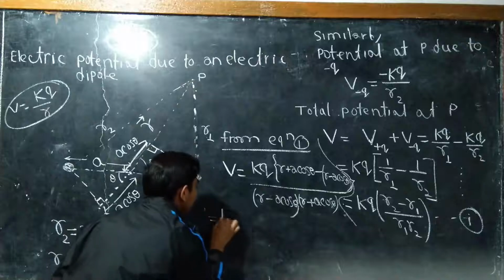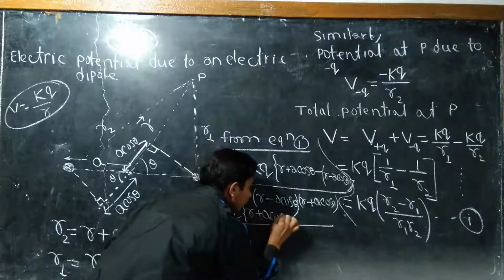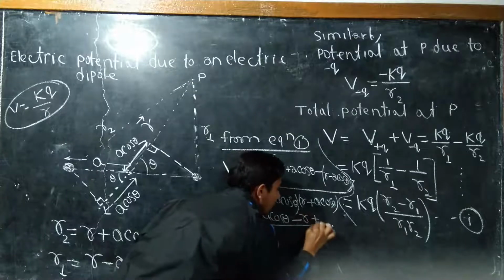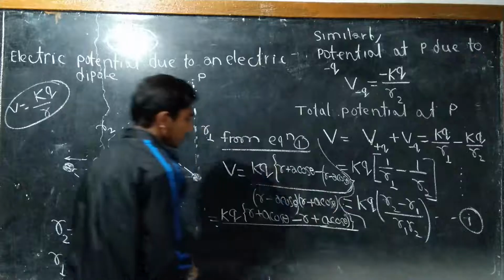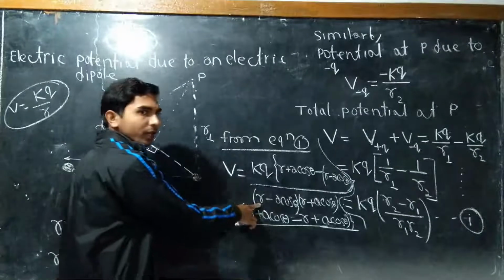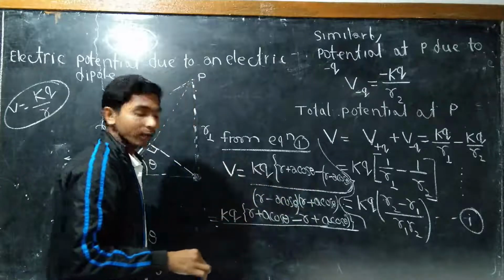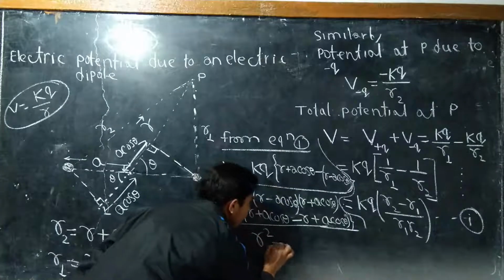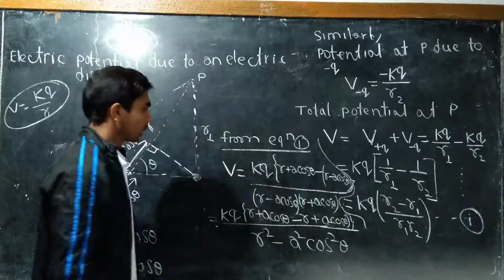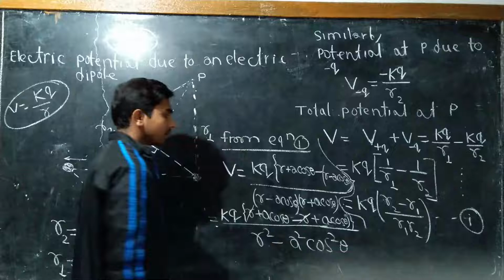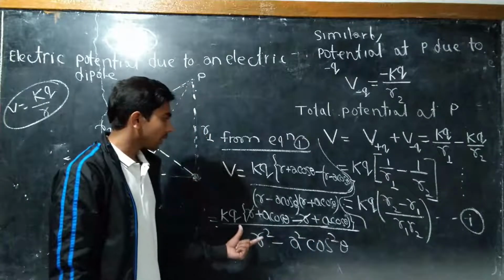So further I am writing like this: KQ times R minus A cos theta minus of R plus A cos theta, and in the denominator R minus A cos theta and R plus A cos theta. So further we can write R square minus A square cos square theta. This R is cancelled by this R, and A cos theta plus A cos theta is 2A cos theta.